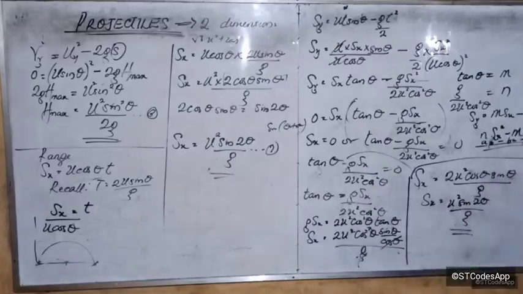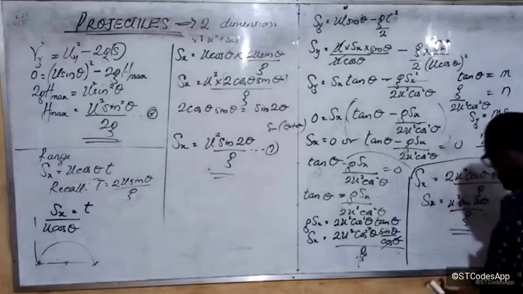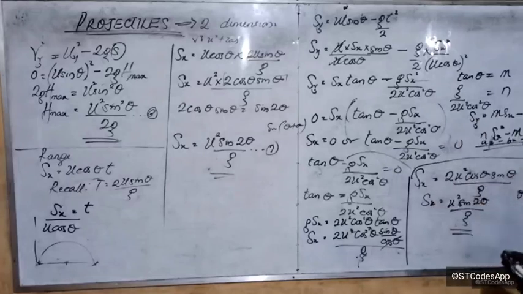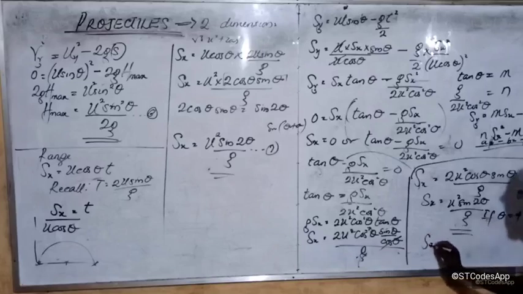In fact, maximum range will be attained if the projectile is launched at an angle of 45 degrees, so that sine 2 theta here will give us sine 90, and sine 90 is 1. So if theta is equal to 45 degrees, we have that S of x is equal to u squared over g. So this is maximum range.